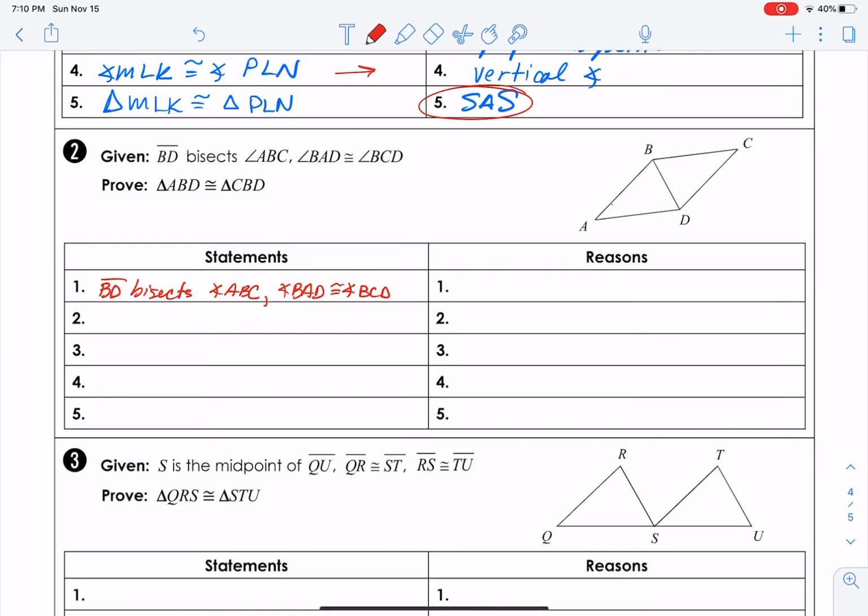So BAD and BCD are here, and that's given. Actually, there's enough space here to put that down here. Angle BAD is congruent to angle BCD, and that's also given.